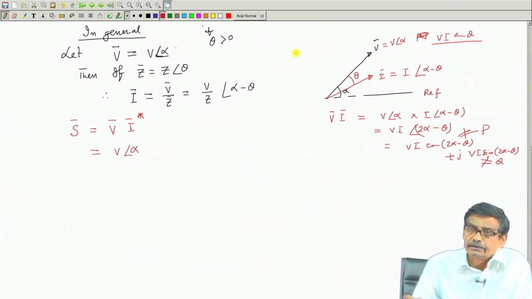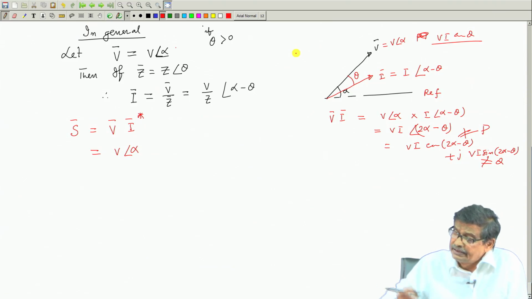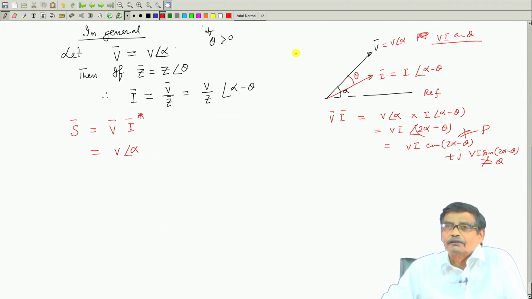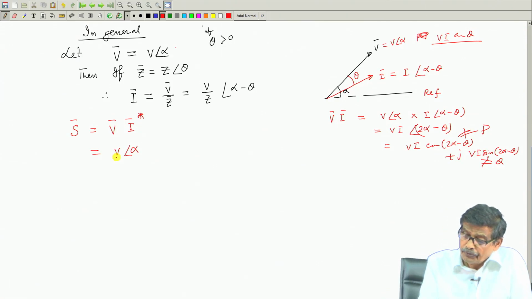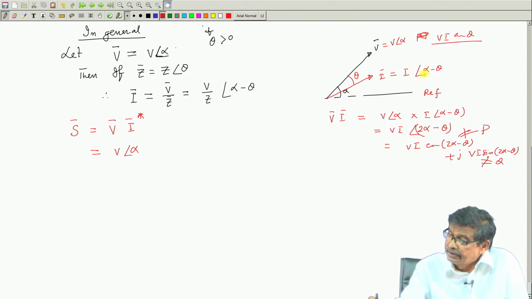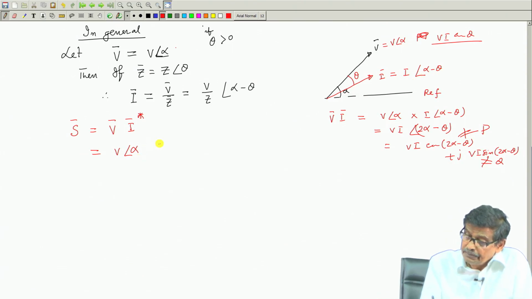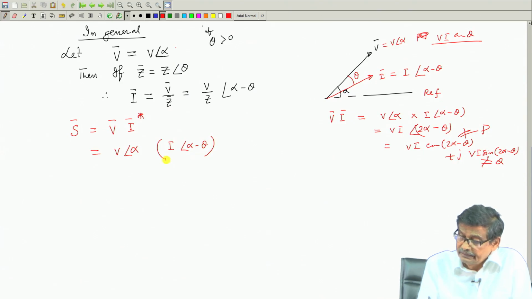That is, the supply voltage is sin omega t plus alpha, I am describing it as sin omega t plus alpha. Therefore, this will be the thing, and then I bar is this. So, I bar star will be I angle alpha minus theta whole star.